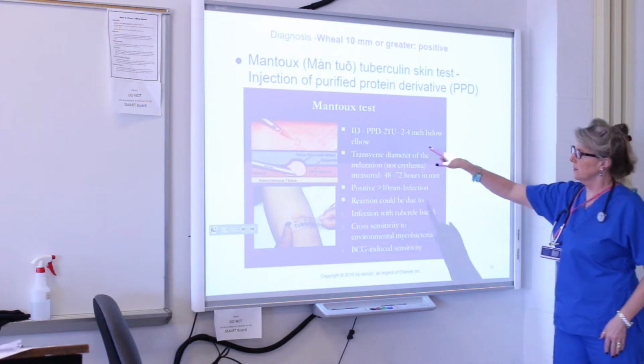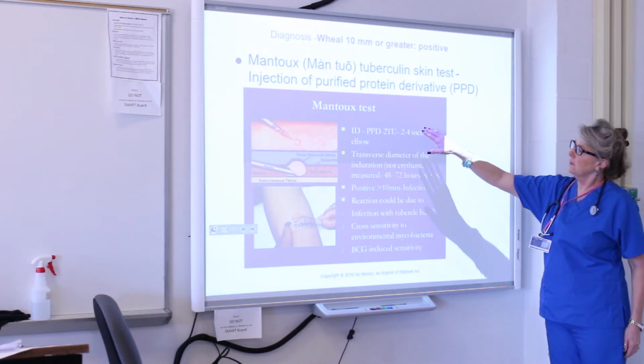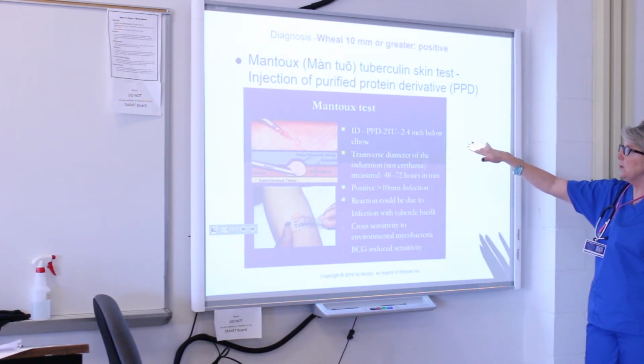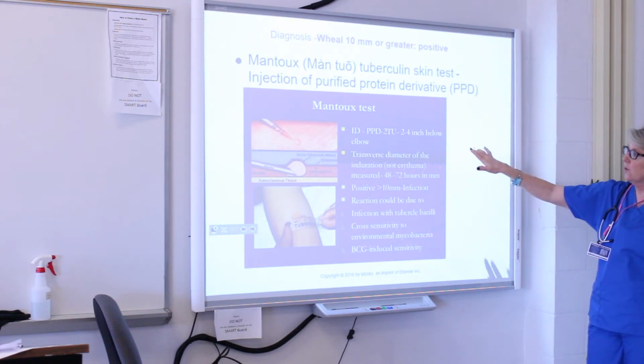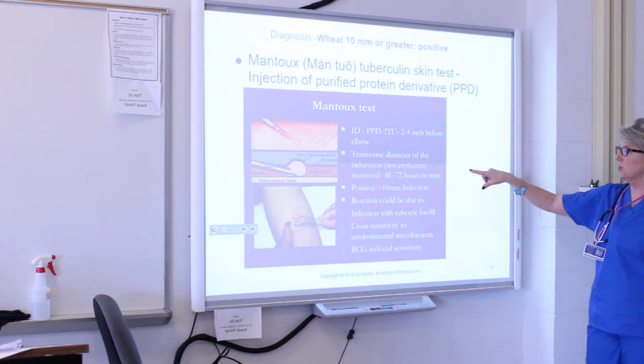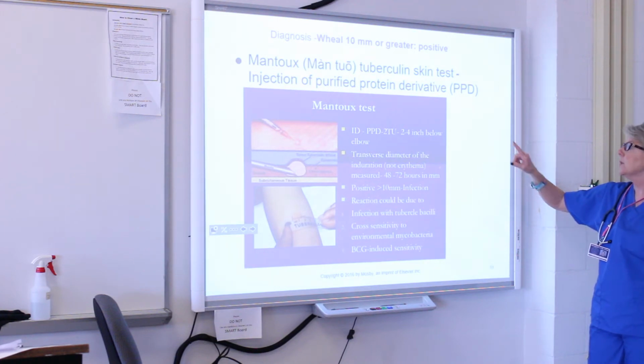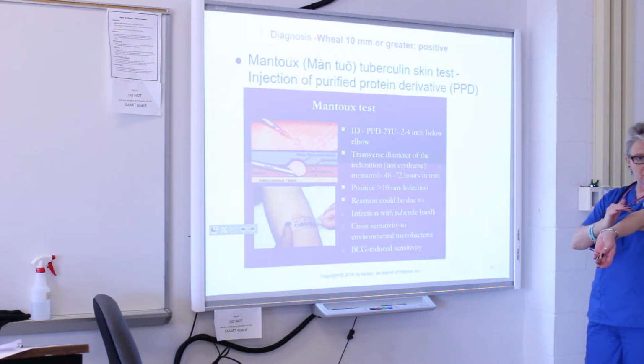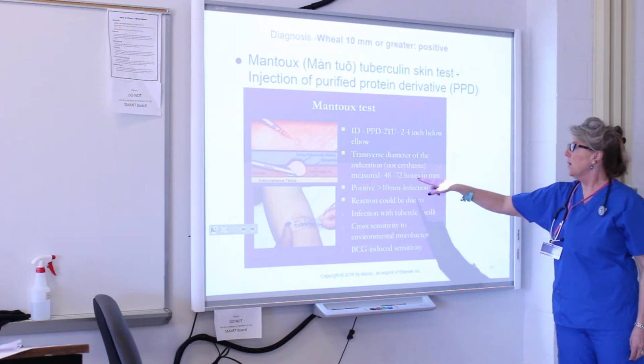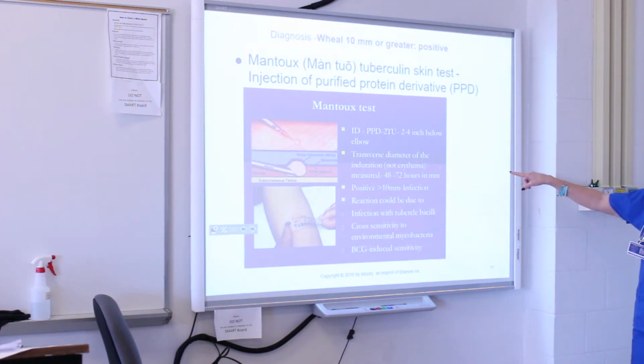For the PPD on the forearm, you measure the transverse diameter of the induration, not the red part, but the actual bump, the actual wheal, 48 to 72 hours later, in millimeters.